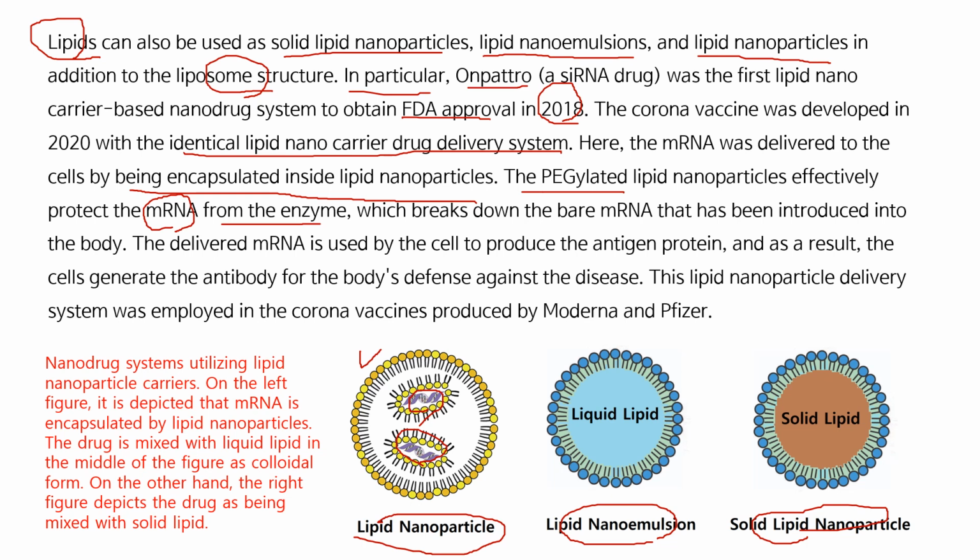The delivered mRNA is used by the cell to produce the antigen protein, and as a result, the cells generate the antibody for the body's defense against the disease. This lipid nanoparticle delivery system was employed in the corona vaccines produced by Moderna and Pfizer. This structure.